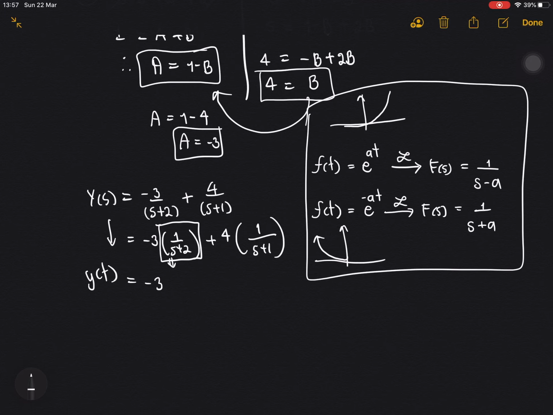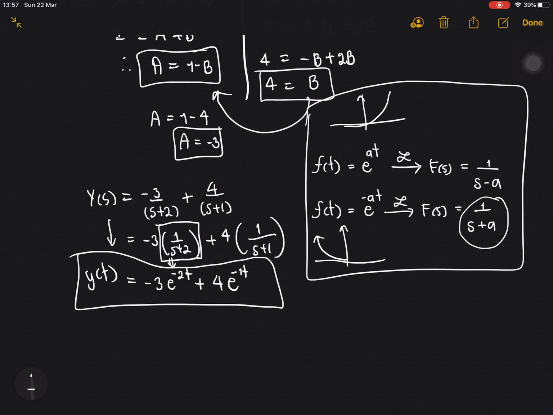So s plus 2 here is similar to that exponential function. Therefore your time domain will be equivalent to the exponential of minus 2t, right? And then 4 here remains the same, and next is 1 divided by s plus 1. So again that's the same property. So you will have 4 multiplied with the exponential of minus 1t, okay?